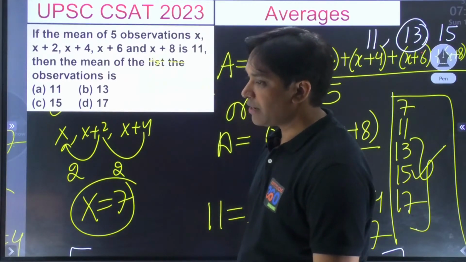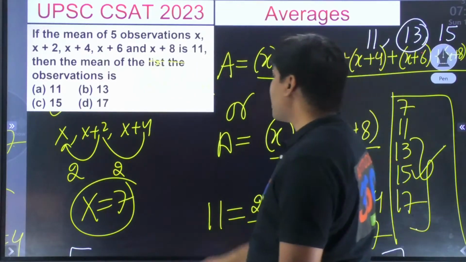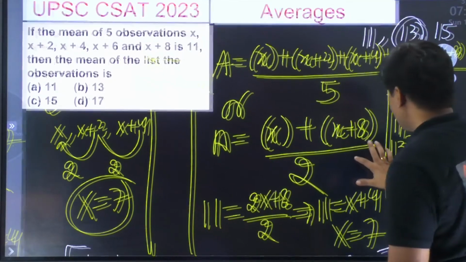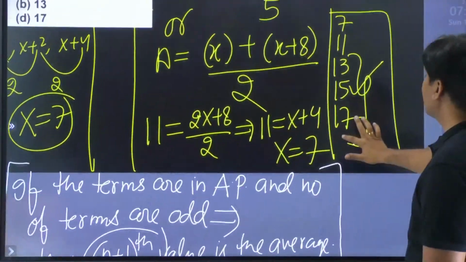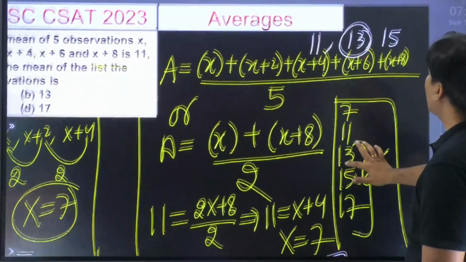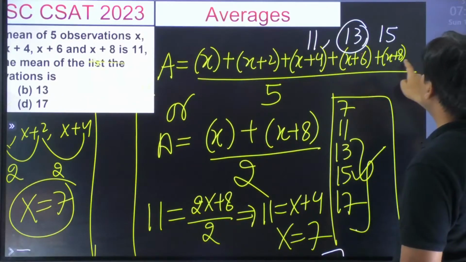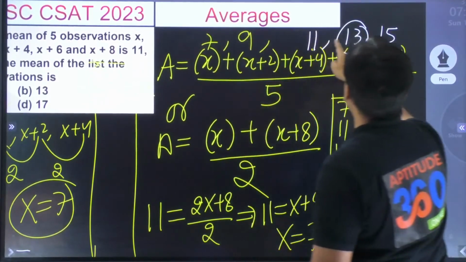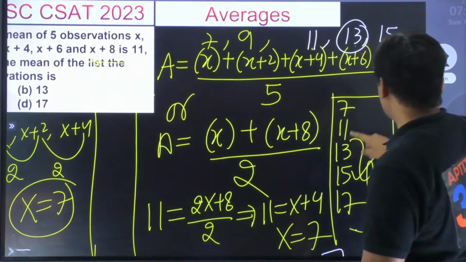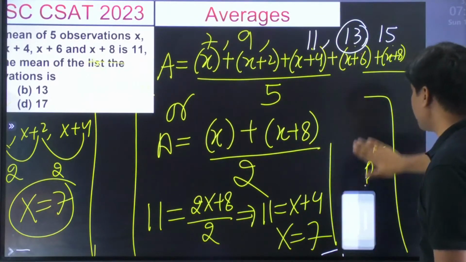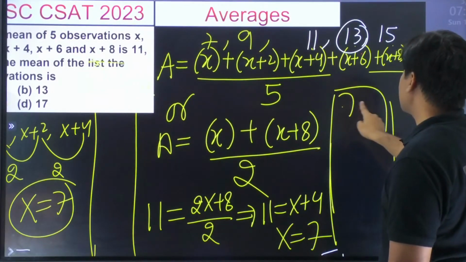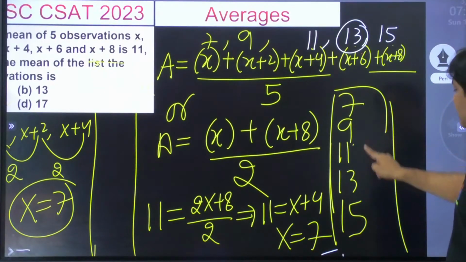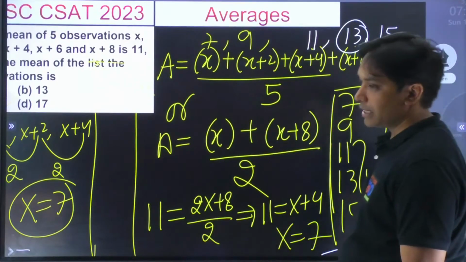9 is also there, not 17. There was some communication gap, and what did I tell you? Let me see, what is it that I had told you? Yes, I had said that 11, so 7, 9, 11, 13, 15. 7, oh no, mistake again, the answer was correct people. 7, 9, 11, 13 and then 15, and the average of the last 3 is going to be 13.